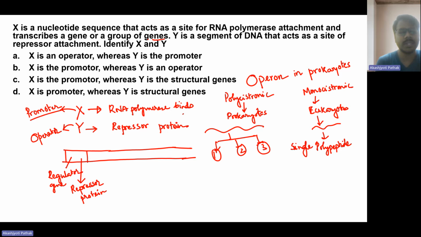Then this regulator gene is followed by a promoter region, which is the region where the RNA polymerase will bind.